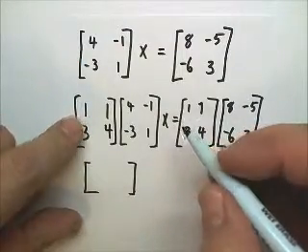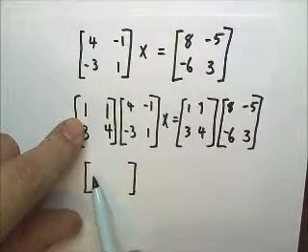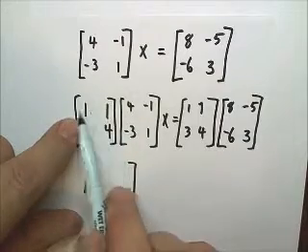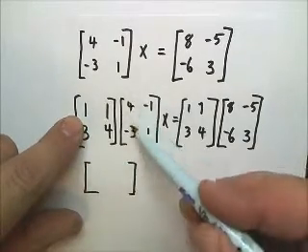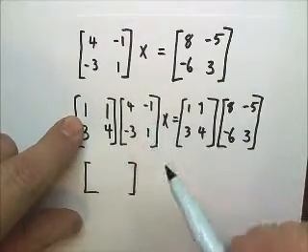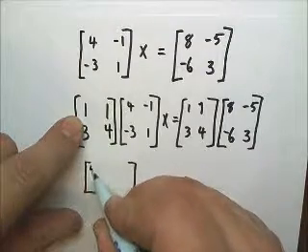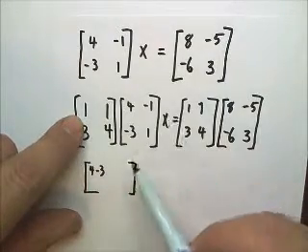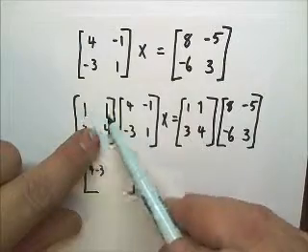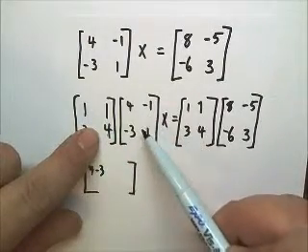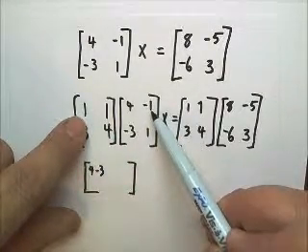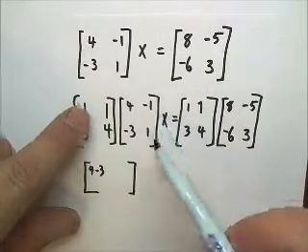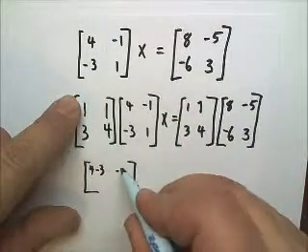This is going to be a 2x2 matrix. To get this upper left corner, I do this times this. So that's 4 minus 3. To get up here, I've got to do this times this. And that's a -1 and a +1.